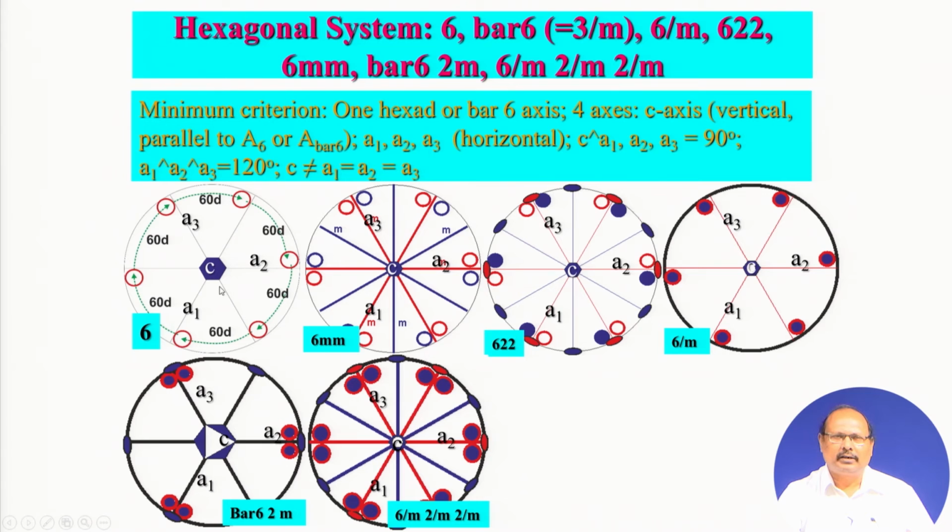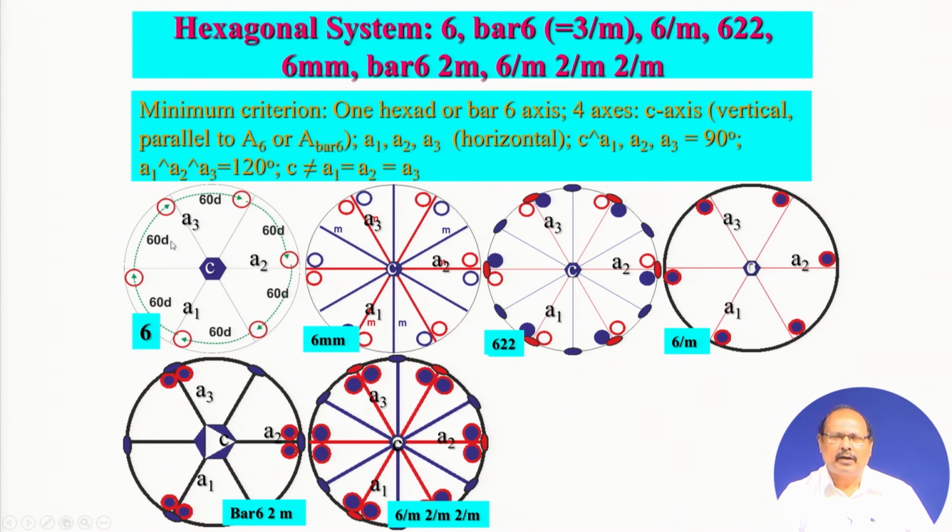If you rotate 60 degrees, A1 comes to this direction here, which I call A2. Another 60 degree rotation, A2 comes and coincides with this direction, that is your A1 direction. Another 60 degree rotation, this direction now coincides with A3. So, this is the negative direction, this is the positive direction of A3.